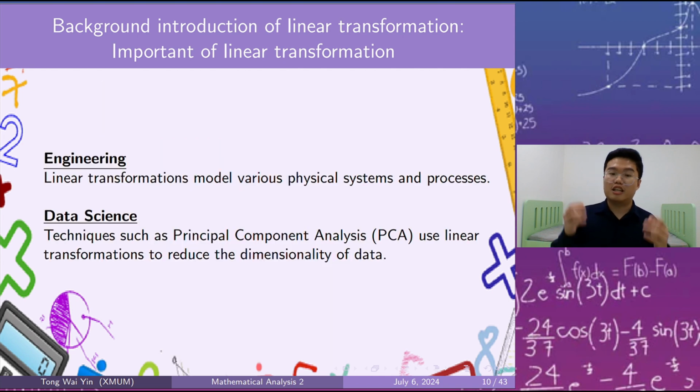Apart from that, in the engineering field, linear transformations model various physical systems and processes. For instance, they are used in signal processing, control systems, and structural analysis. Lastly, in data science, techniques such as principal component analysis (PCA) use linear transformation to reduce the dimensionality of data. This enhances visualization and interpretation.